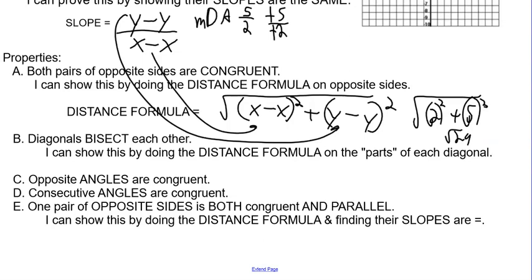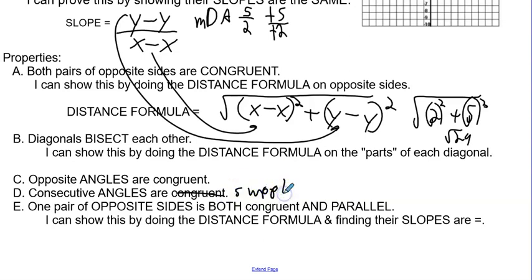And we'll practice that. Now remember, the diagonals bisect each other. Not going to require you to do that, but you could use the distance formula also to measure the parts. Opposite angles are congruent. Consecutive angles are not congruent. Consecutive angles are supplementary. That's a mistake.